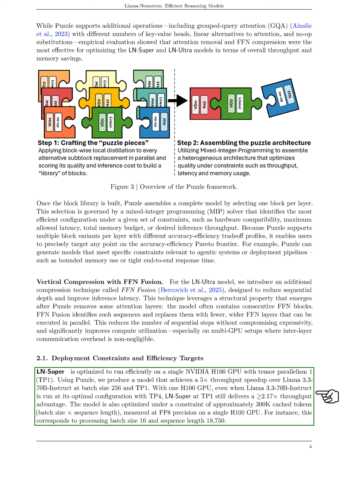Even when Llama 3.3-70B instruct is run at its best configuration with TP4, LN Super at TP1 still provides at least a 2.17 times throughput advantage. We also optimize the model to handle around 300,000 cached tokens, measured at FP8 precision on a single H100 GPU, which corresponds to processing a batch size of 16 and a sequence length of 18,750.